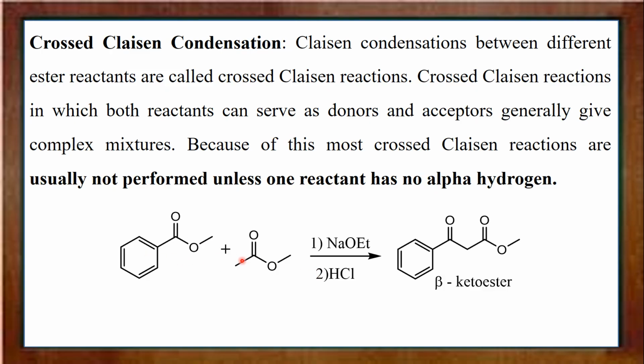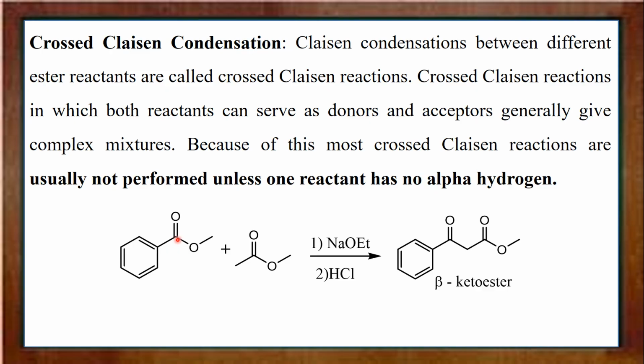In this case there is no alpha hydrogen in this ester, therefore this is okay, because the enolizable carbanion will be generated only from this ester, and that will attack the ester without alpha hydrogen.